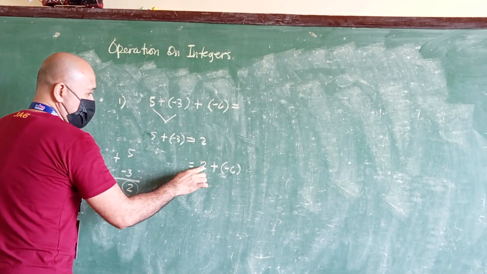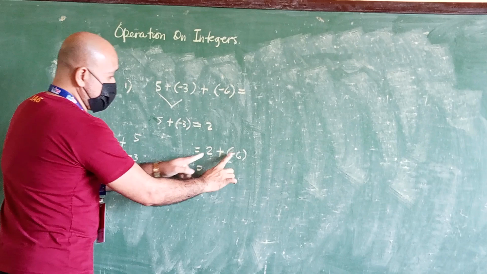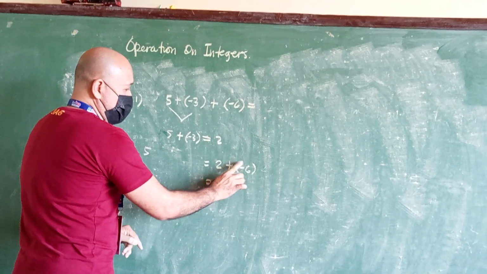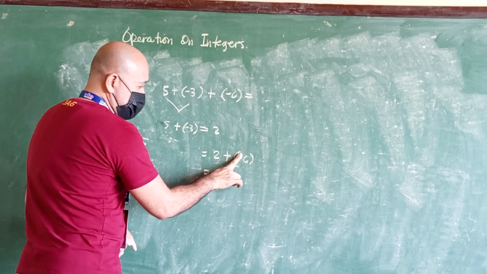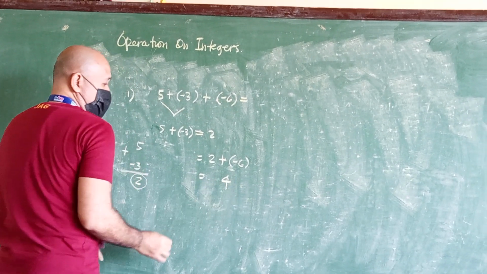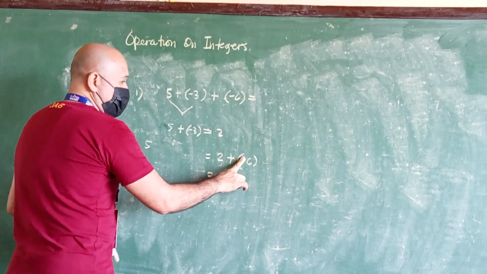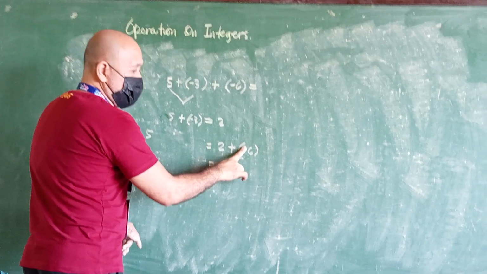Between 2 and negative 6, when you cover up this one, just ask what number you should add to 2 to get the value of 6. So that number is 4. By covering this one, you are removing the negative sign using the idea of absolute value.